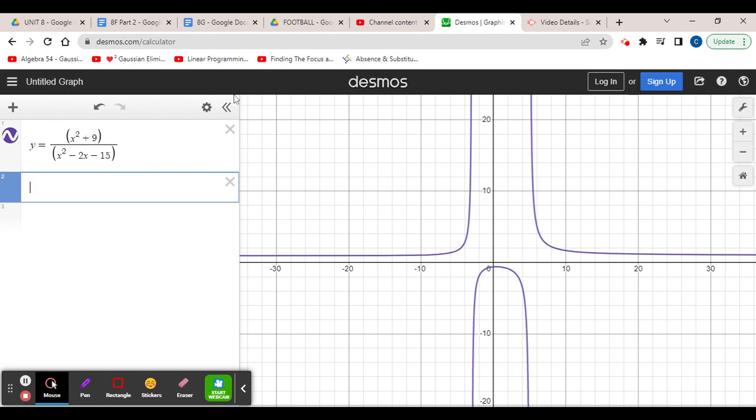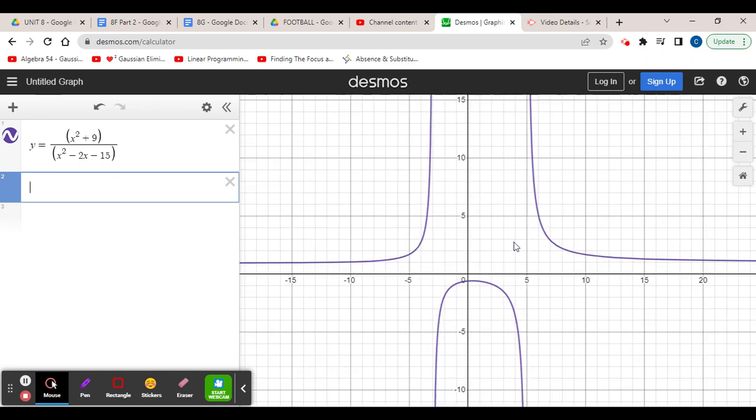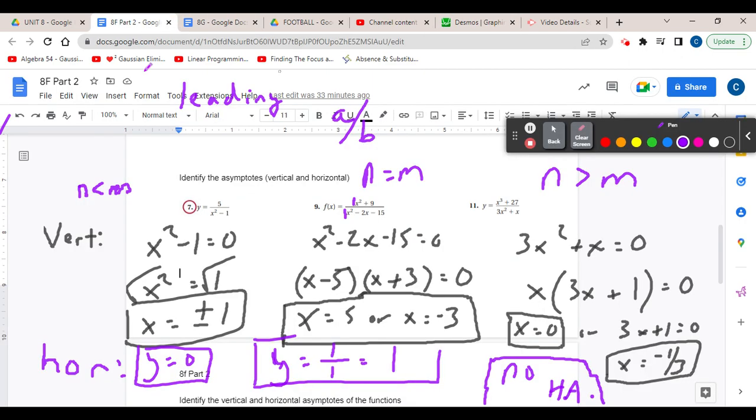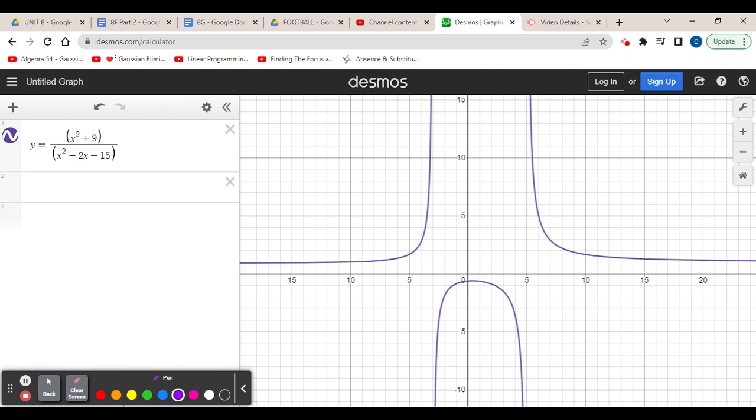Okay, so our vertical asymptotes, we said, were at positive 5 and negative 3. So x value of positive 5 right there looks good. X value of negative 3 right there is good.